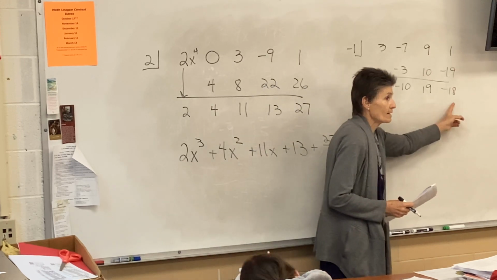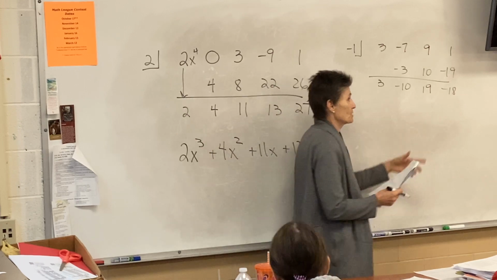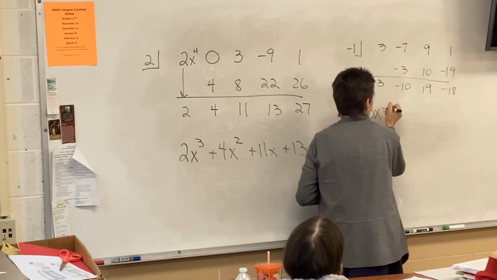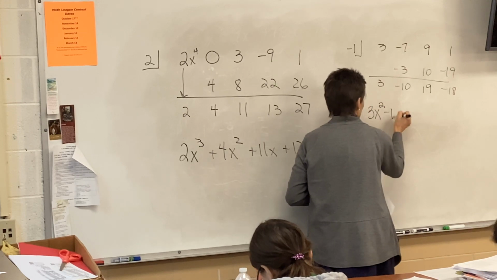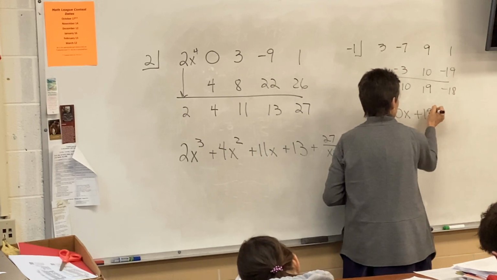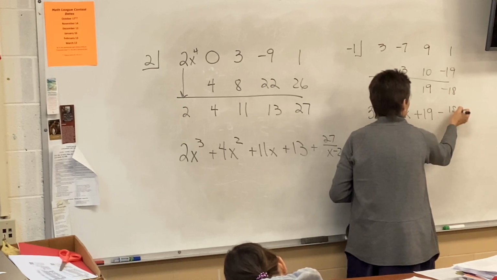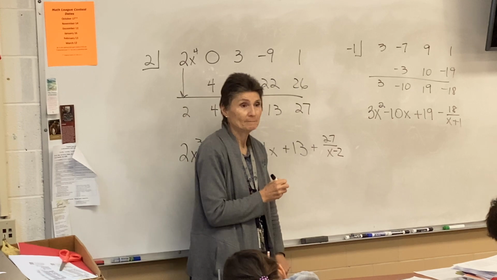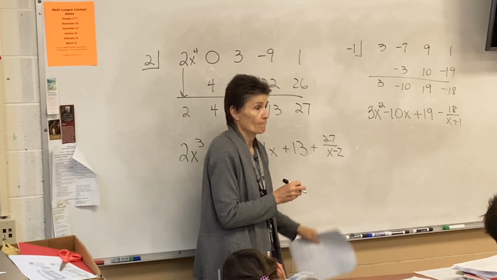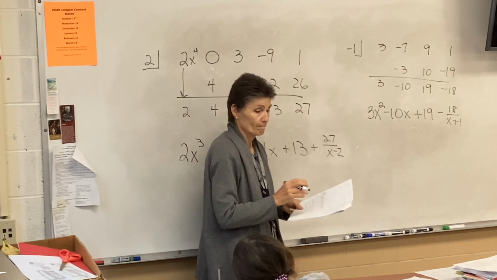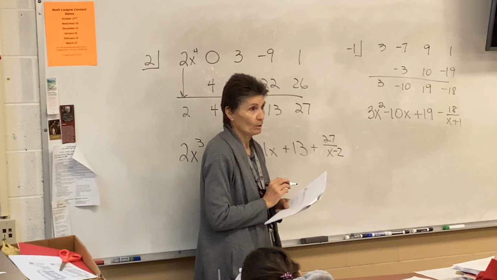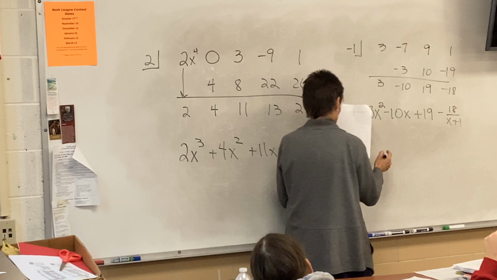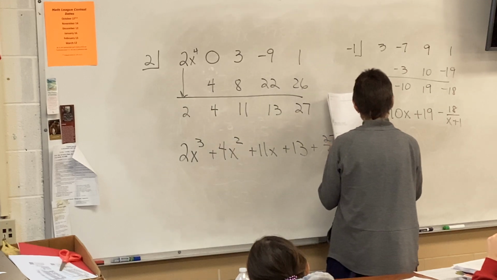These numbers look right. Are those the numbers you got? So you said your answer was what? 3x squared minus 10x plus 19 minus 15 over x plus 1. Perfect. Beautiful. Everybody okay with that? Any question or problem with that? All right, one more. Here we go. Do that last one on this page.